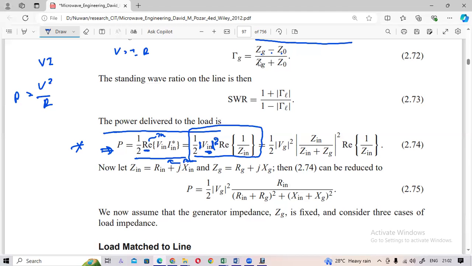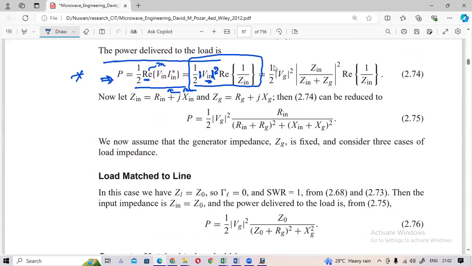The imaginary power you can ignore. So you are considering the real power, and you can get an equation for the power like this. You need not remember this either, but just have the idea.